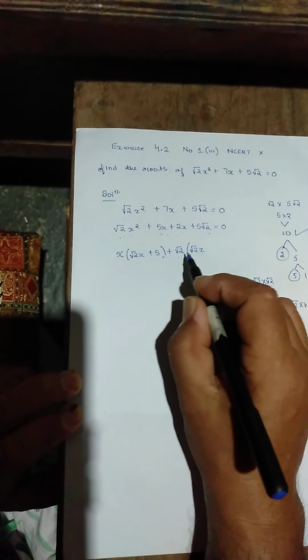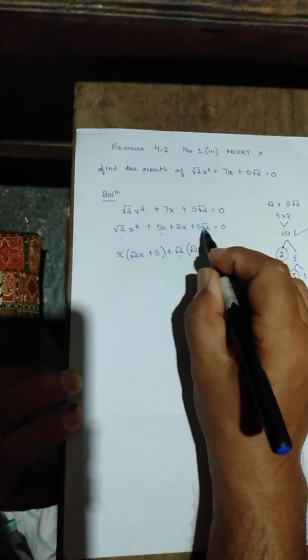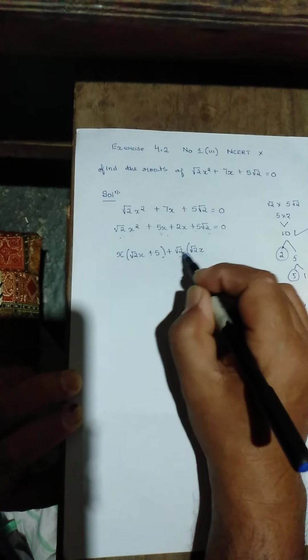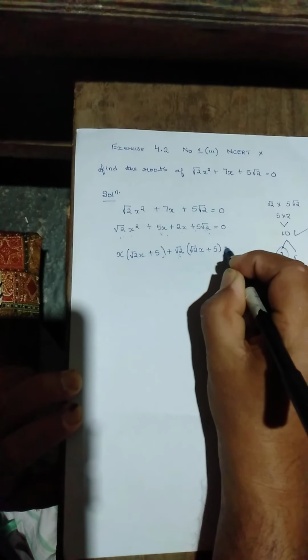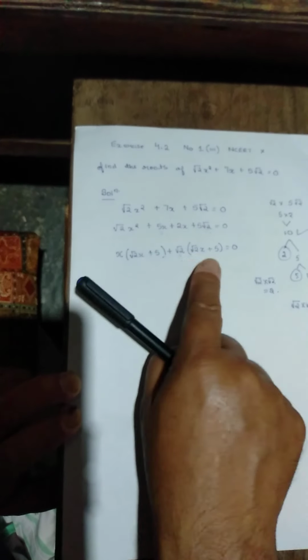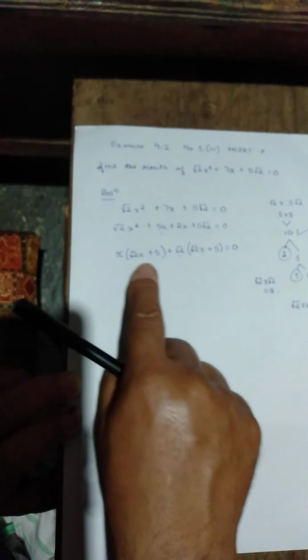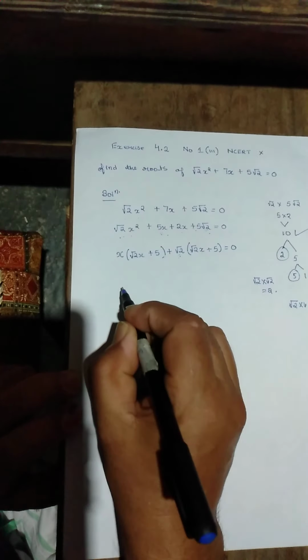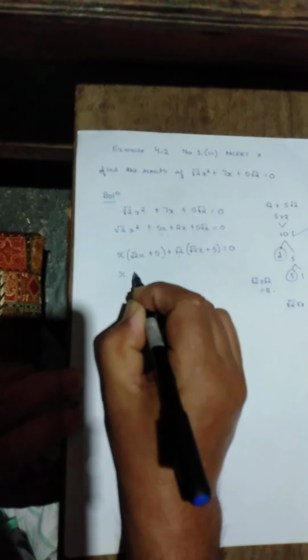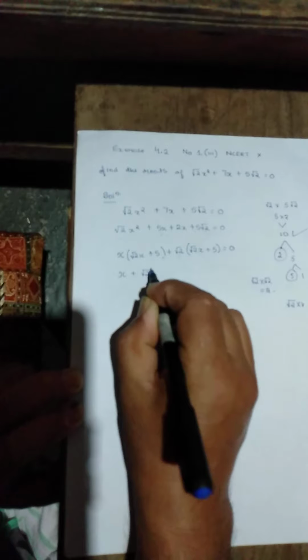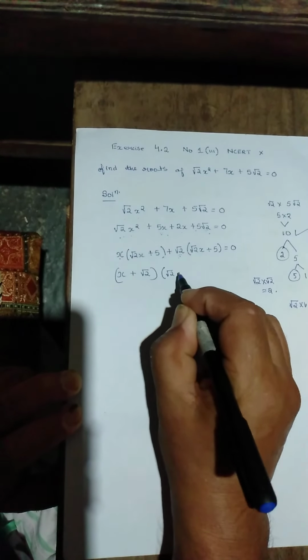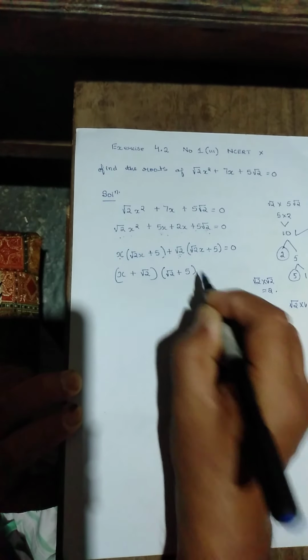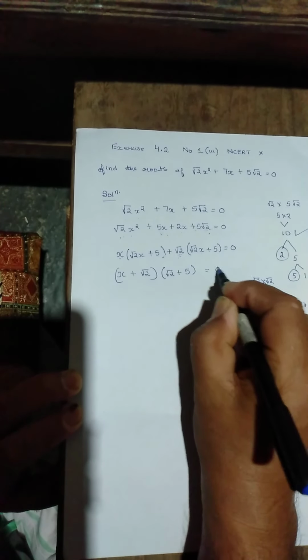Alright? Now you already have root 2, so here root 2 can be taken out, and you just have 5, which is equal to 0. And clearly you can see that you have managed to factorize with the ones in the bracket being the same. So now you have x plus root 2, taking this and this, and then you have root 2x plus 5 as the other one, which is equal to 0.